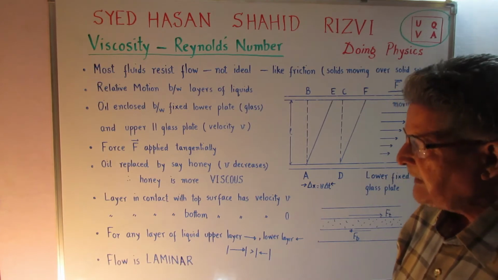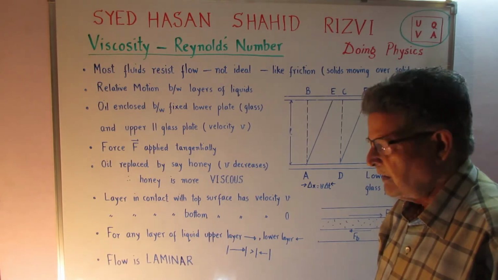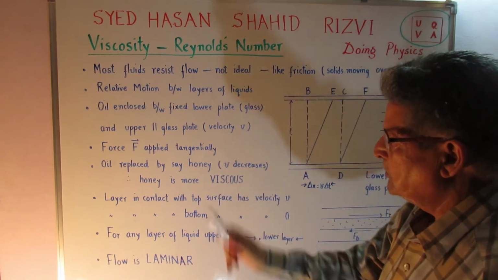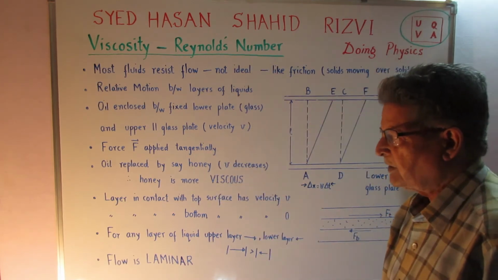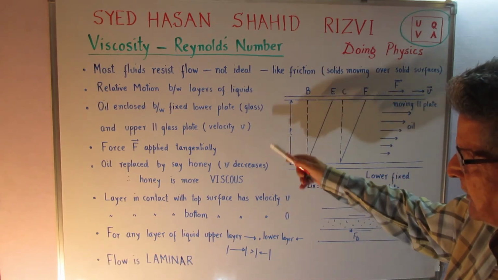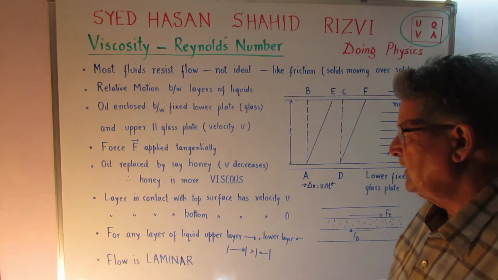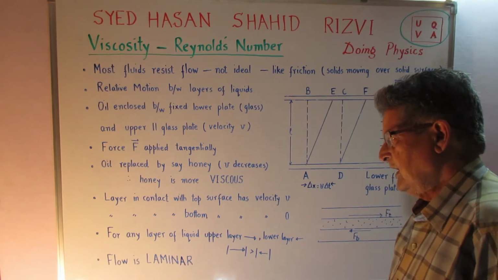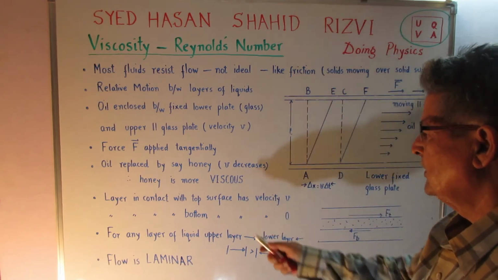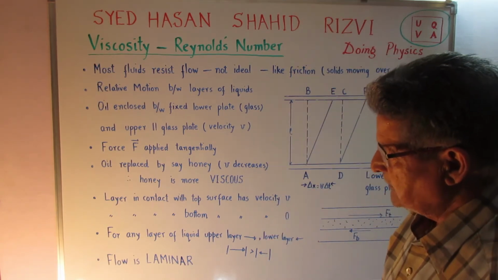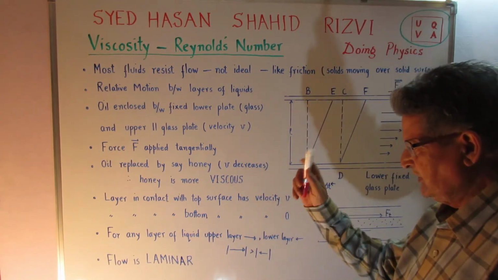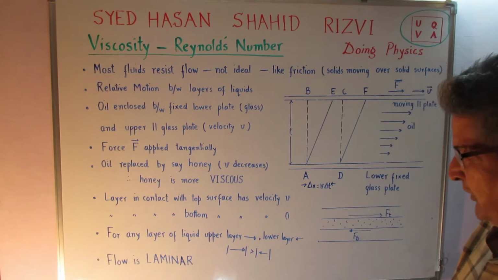So qualitatively we can say that honey is more viscous as compared to that particular oil. And then we can categorize various materials by whether the viscosity is more or less. So we can make a category of oils of different kinds, honey, grease, all kinds of fluids.